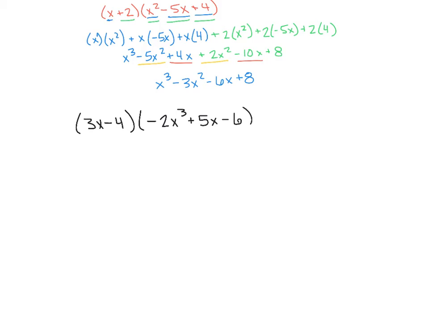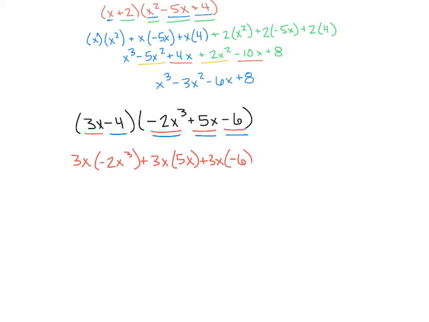We're going to take the first term times the first, second, and third term, and then the second term of the binomial times the first, second, and third of the trinomial. So we have 3x times negative 2x cubed plus 3x times 5x plus 3x times negative 6.